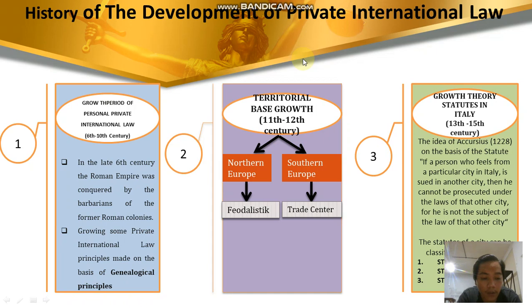In resolving disputes between ethnic groups, it was determined first with the customary legal system, and for the growth of some private international law principles, they were made on the basis of the genealogical principle. And two, territorial-based growth, 11th until 12th century.